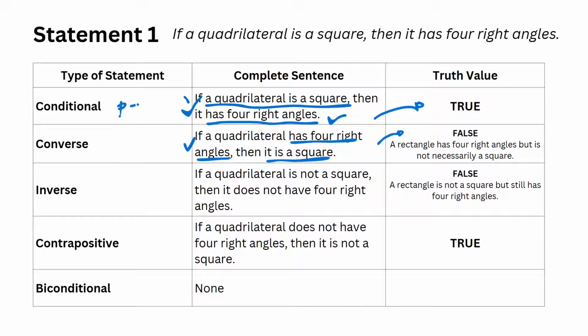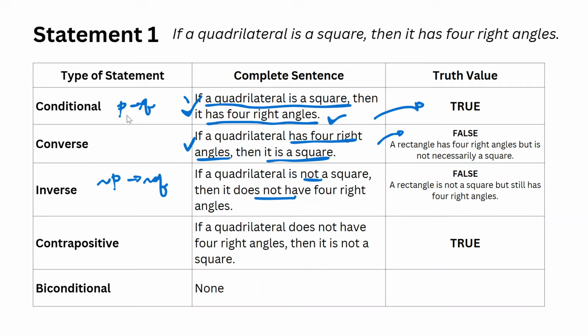So dito, if P implies Q, then dito, not P implies not Q. So dito, if a quadrilateral is a square, then sa inverse, if a quadrilateral is not a square, this conditional, then it has 4 right angles, pero sa inverse, then it does not have 4 right angles. Not the exact opposite of the conditional statement.